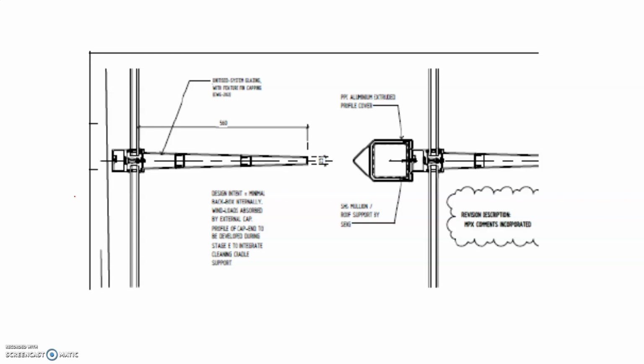Okay, so moving on to the next slide. Here we go, curtain walling again. If you look at this element here, this is a kind of canopy which is fixing back to the curtain walling back box.